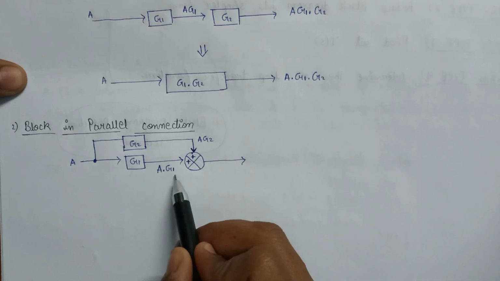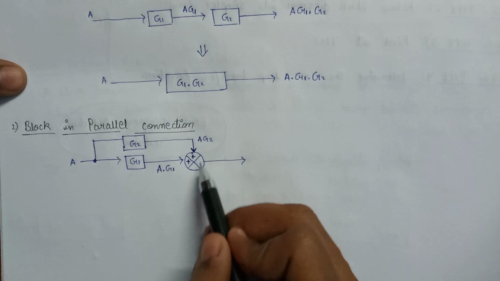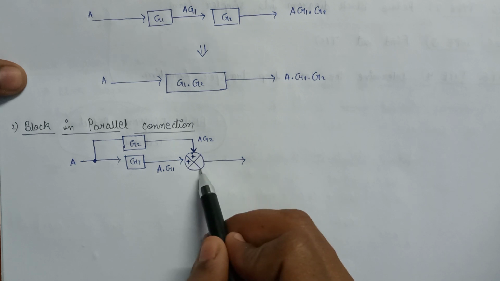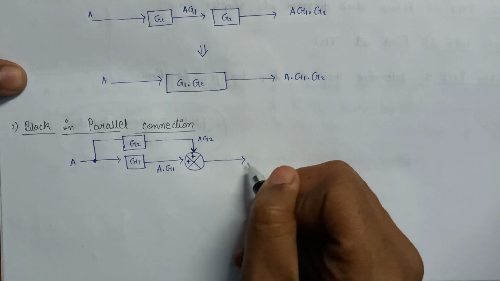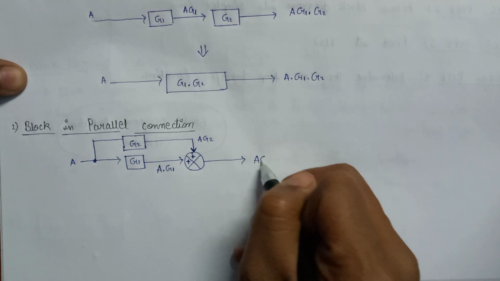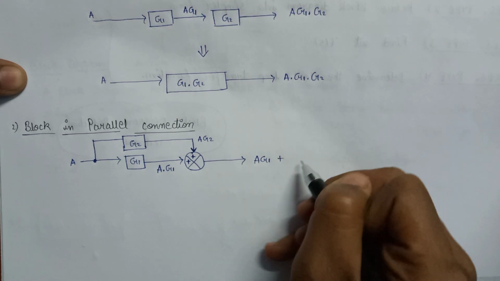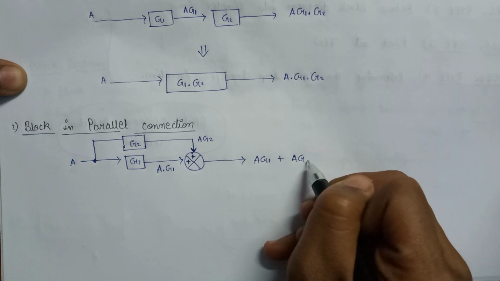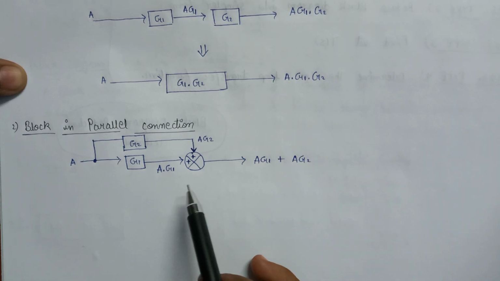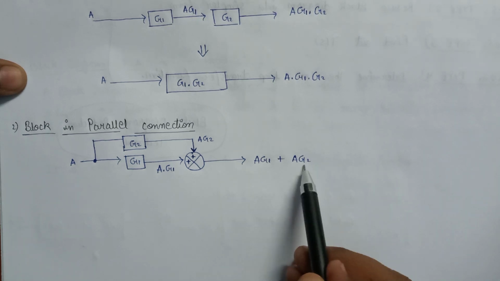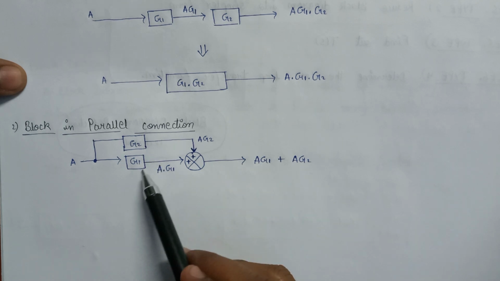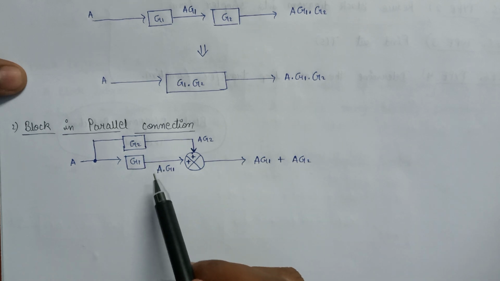Since AG1 and AG2 are now applied to this summing point, that's why in the output we get AG1 plus AG2. This is the final output that we will get if two or more blocks are connected in parallel combination.